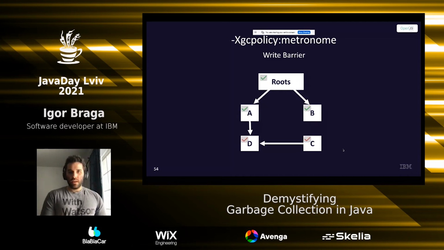With the barrier, we would end up with this object graph, and you can see that we would remember both objects C and D, even though we don't need C anymore, because it just happens to be in the way of object D. We're going to remember that because of how the barrier works here. In this case, C is considered floating garbage.